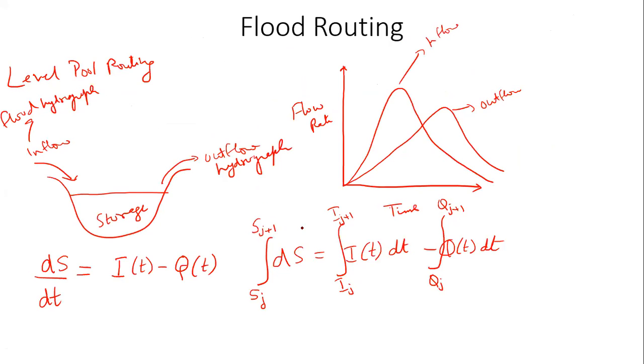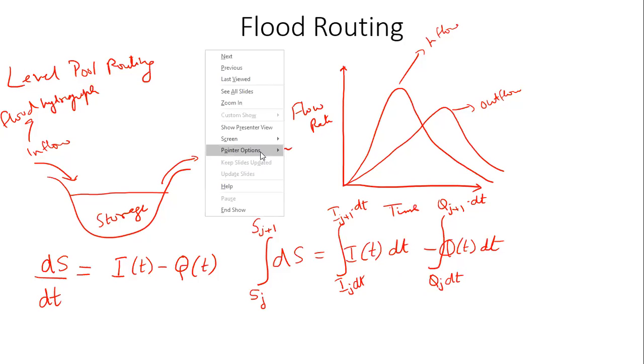You have to write Ij dt to Ij plus 1 dt, right? Okay. So now given this equation, can we simplify this equation a little bit to make it easier for us to tackle? The left hand side is very easy, right? Maybe I'll just erase something over here so I have some space to write.